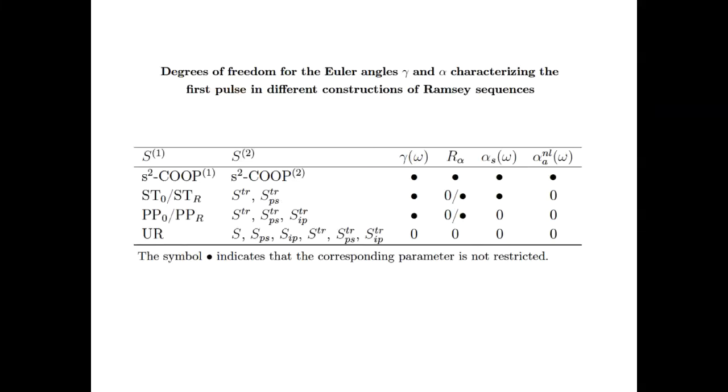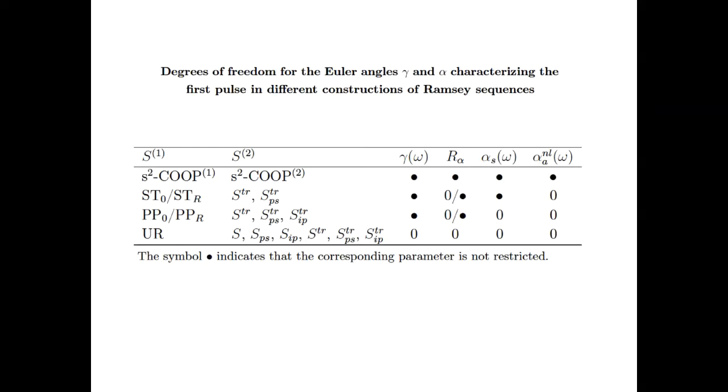So one can then make such tables, and what you see is, for example, if you compare universal rotation pulses and different symmetry-related pulses, all these parameters here have to be 0, so they have to be fixed. So it's very difficult to achieve. If you look at a combination of point-to-point or point-to-point with this R factor not equal to 0, it turns out that this gamma angle already is free, so it's easier to optimize.